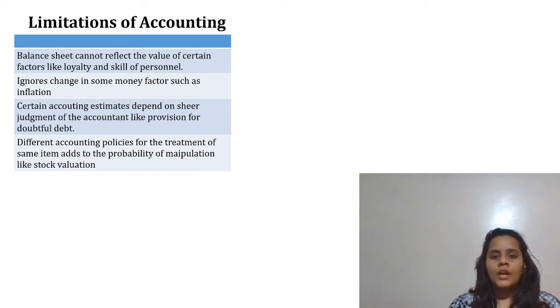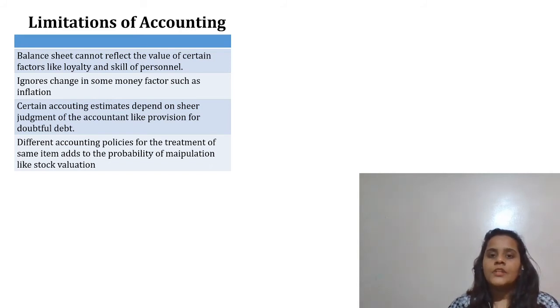Next, as you continue with the subject, you'll see that there are various accounting policies in place, that is, methods to calculate certain items. Let's say inventory, the stock we have in hand. The accounting policies or the principles have defined 3 to 4 methods by which the stock can be measured.